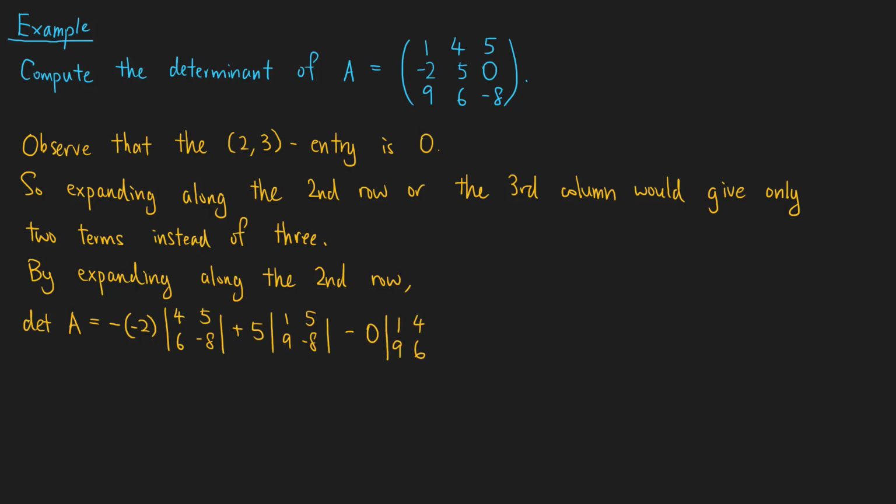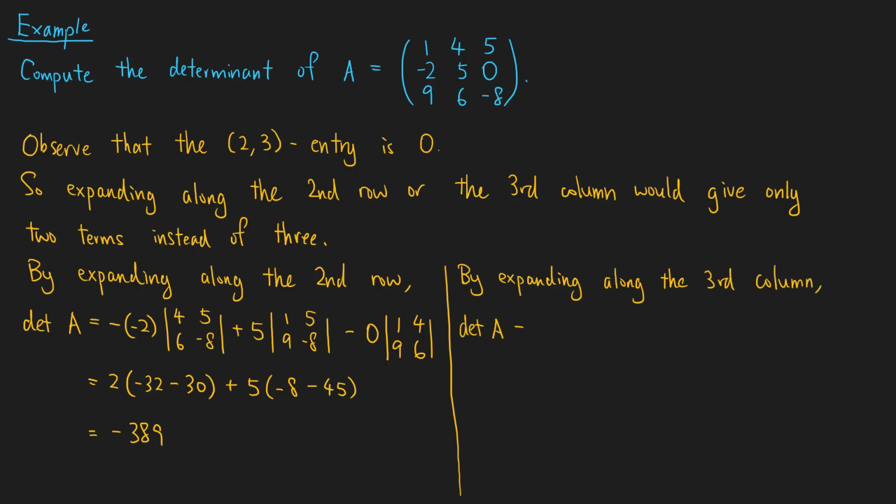So the third term vanishes. We get 2 times bracket negative 32 minus 30 plus 5 times bracket negative 8 minus 45, and the answer is negative 389.